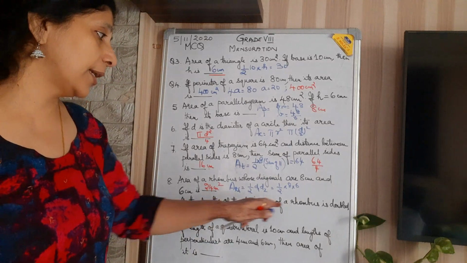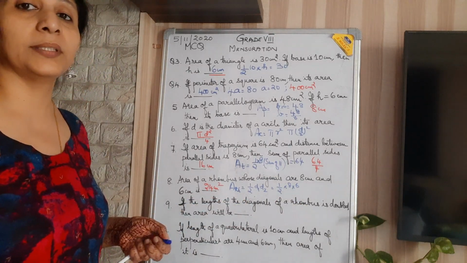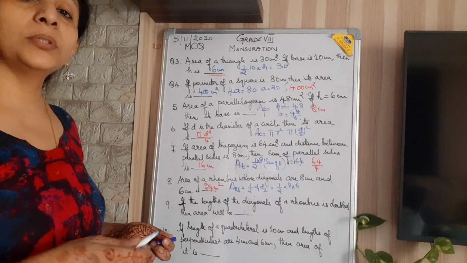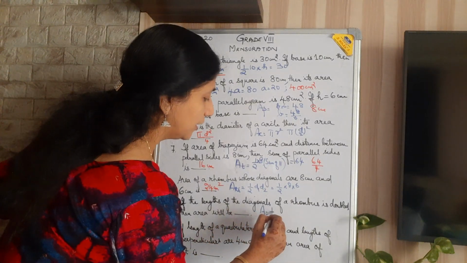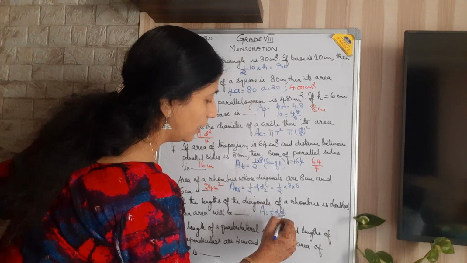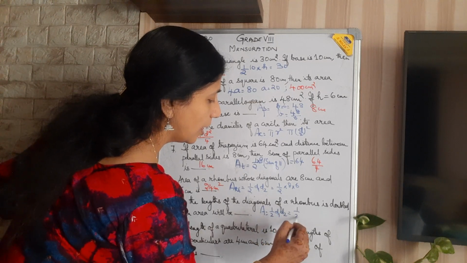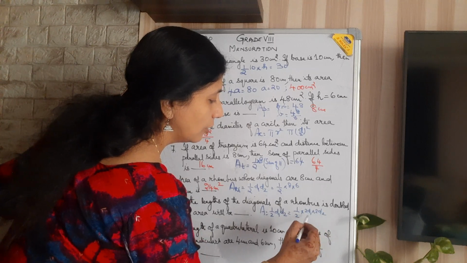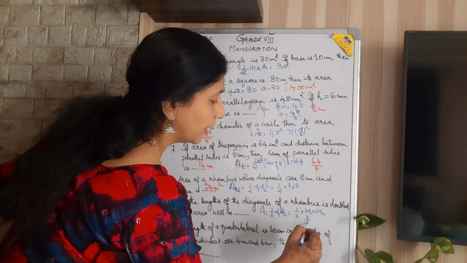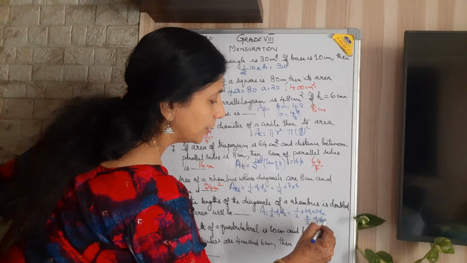If the length of the diagonals of a rhombus is doubled, then the area; both the diagonals are doubled. So area is half d1 d2. Now the lengths are doubled, so half into 2d1 into 2d2. So what is it? 4 by 2 d1 d2, which means 2 d1 d2.